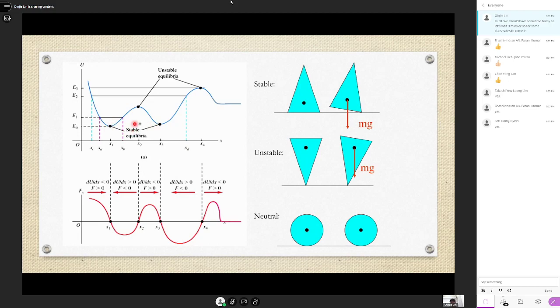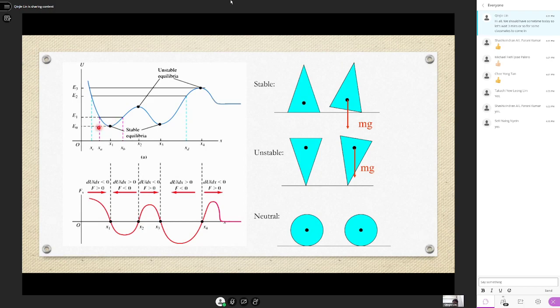Stable equilibrium. So what do we mean by stable, unstable, or neutral? If we have a very simple object like a triangle, stable means if you have this starting point and you displace it a bit to the right, it will return to its original position. On the graph, if you displace it a bit to the right, your energy increases a bit, and you will return to the lowest energy point.